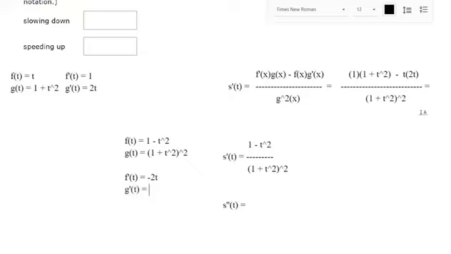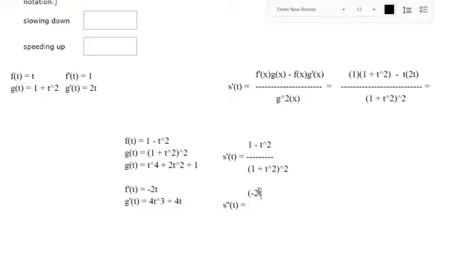The derivative of g, actually, at this point in our course, I don't think we know the chain rule. So we have to expand this first. So this is 1 plus t squared in parentheses times 1 plus t squared, right? If you write that out to the side and expand that, it's t to the 4th plus 2t squared plus 1. Then down here, if you take the derivative term by term, now we can plug everything into the formula for the quotient rule.